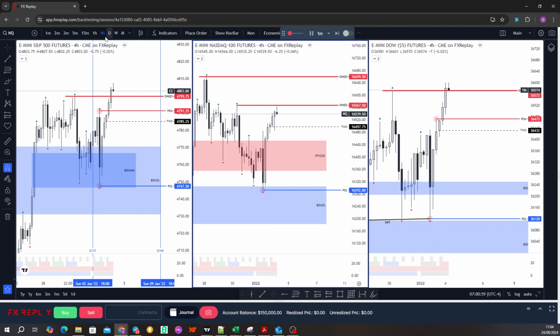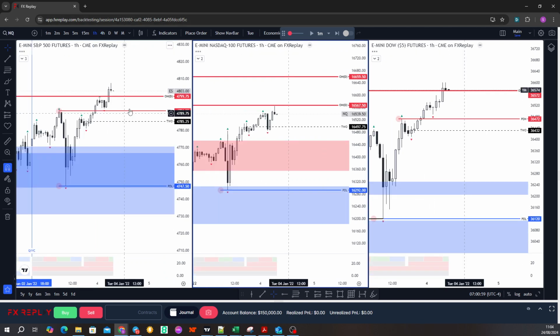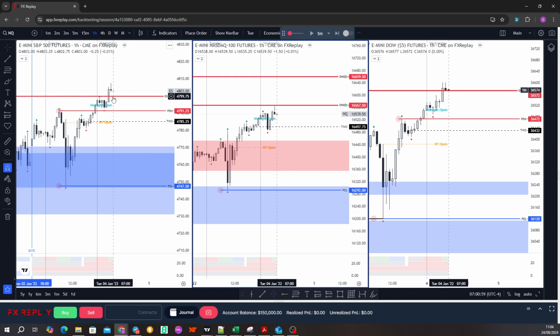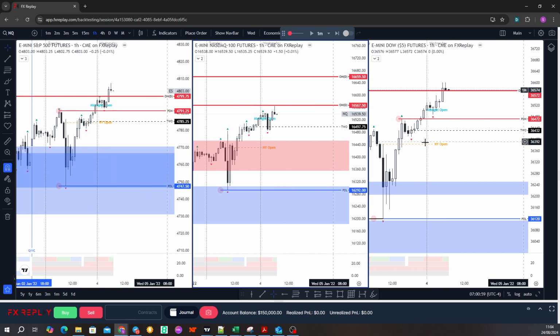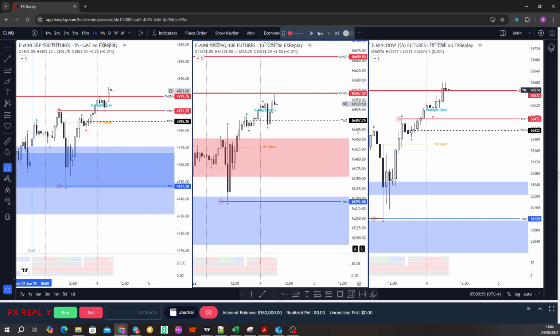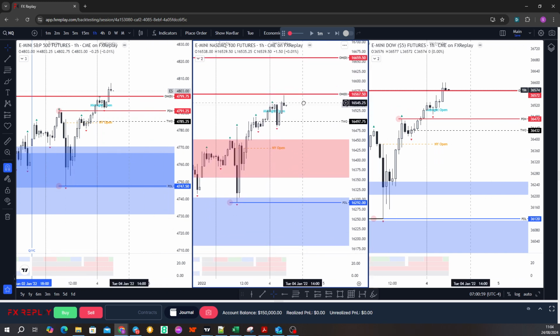Okay, so jumping down to the hourly, just before the New York session is going to commence, we have to have a clear idea on ultimately what we want to see. We believe this high is going to get ran.